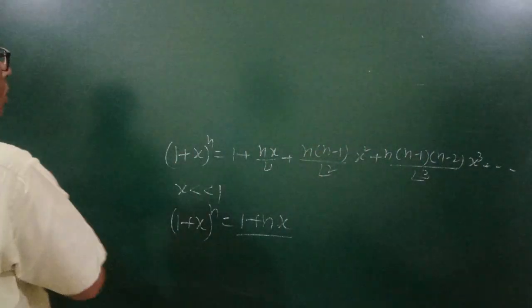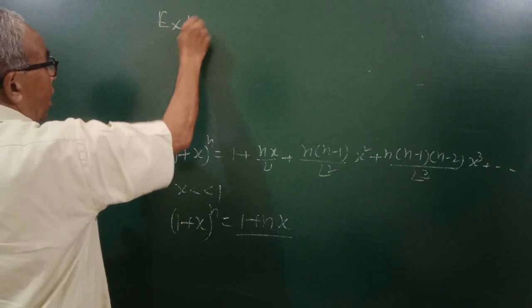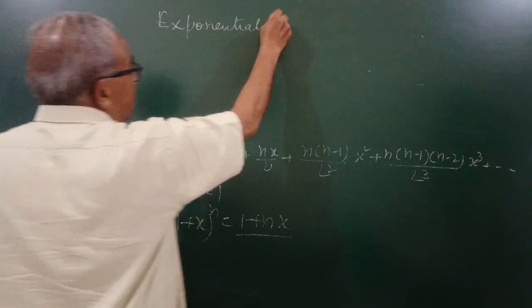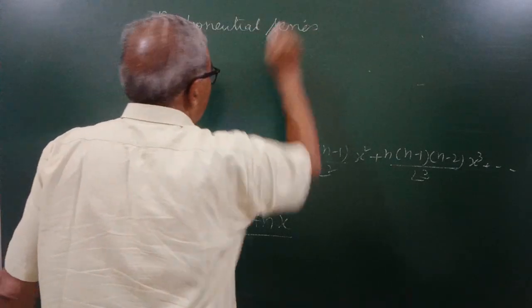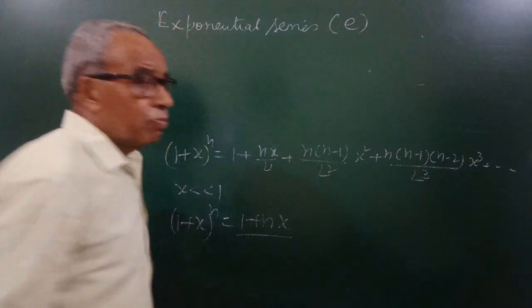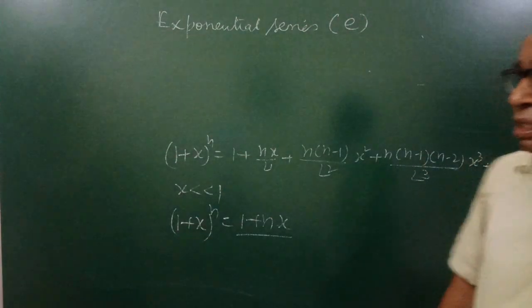Now, my aim here is to tell you there is one called exponential series. What is this? It is denoted by e. When I was a student, I asked many, what is e?